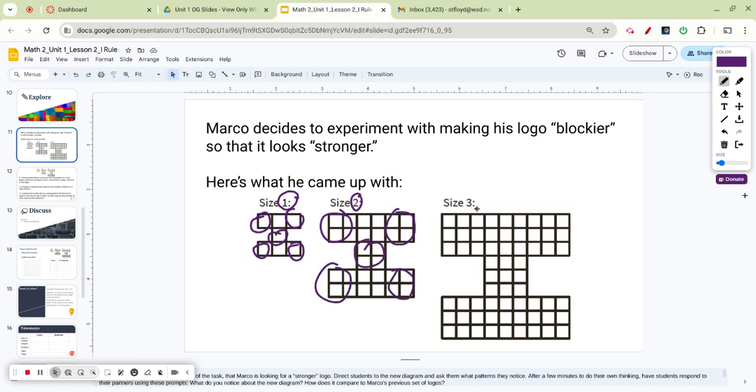And when it's size 3, you have 9, 9, 9, 9, 9. And something else that I notice is that instead of just having 2 extra squares, we have 4 extra squares. Do you see that? 4 extra squares. 9 extra squares. 9 extra squares. So it's kind of interesting.